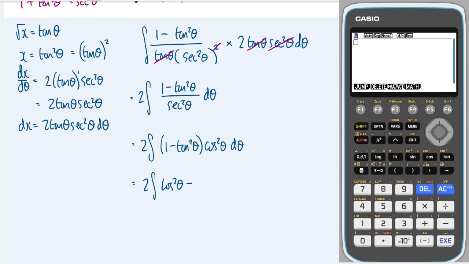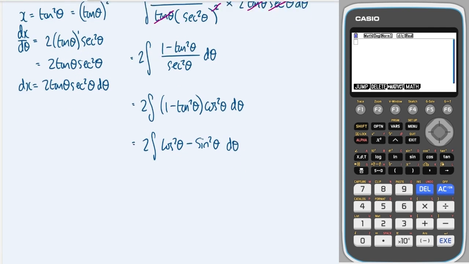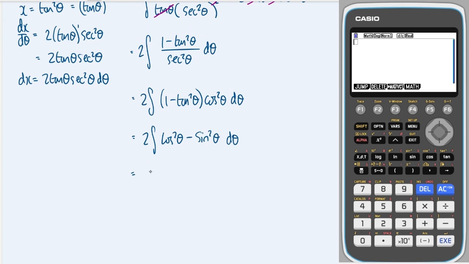Well, tan squared is sine squared over cos squared, so that over cos squared will cancel with this cos squared here and just leave me with a sine squared. And hopefully you can spot this trig identity, because cos squared minus sine squared is the same as cos 2 theta. It's a double angle formula for cos.